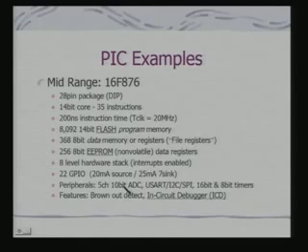It has 10-bit ADCs. It has 22 general purpose IO lines, the port A, port B IO lines that I was discussing. It has USART, it has SPI, I2C, all these peripheral interfacing, serial interfacing mechanisms that I talked about. It has both 16-bit and 8-bit timers, as well as brownout detect and in-circuit debugger.